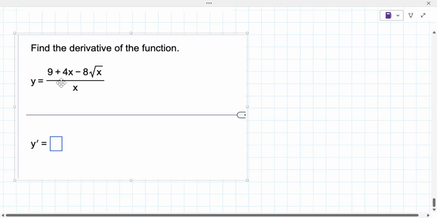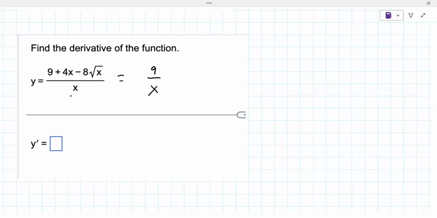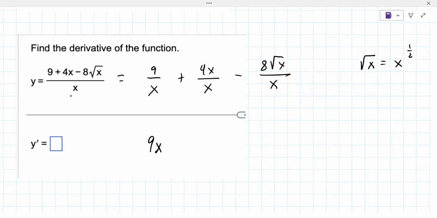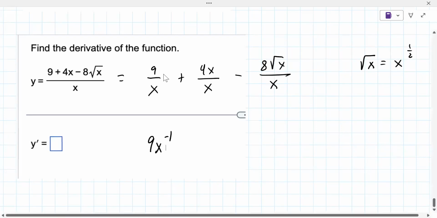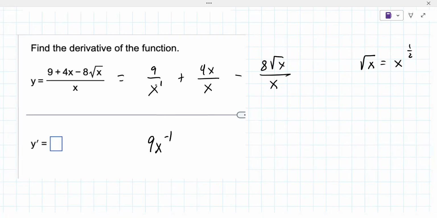So this is one of those where it looks like quotient rule because you've got a top and a bottom, but you would actually divide each of these by x, like this. And then you would further rewrite it by simplifying. Now, remember that square root of x is x to the 1/2. So this is 9x to the -1. Is that clear why the bottom comes up?